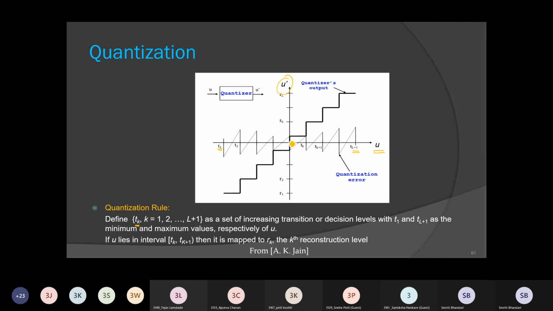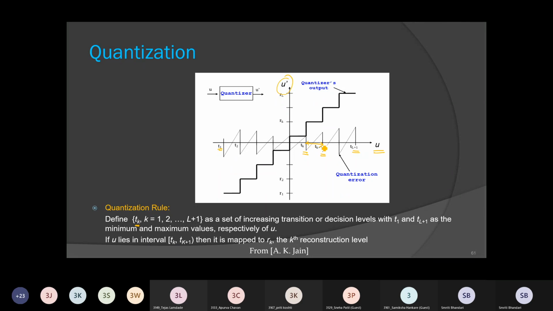Right? So what I'll be doing, see here, this is my input signal. So if my input u lies in the interval tk to tk plus 1, I'll repeat, if my input u lies between the interval tk to tk plus 1, then instead of considering each intermediate value between tk and tk plus 1, I'm going to quantize that.